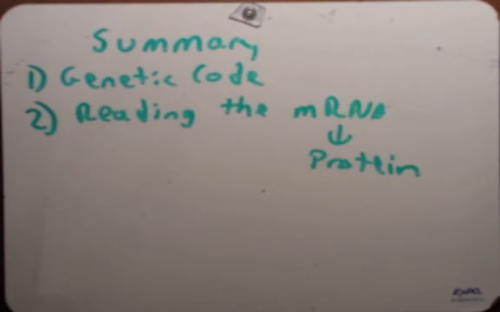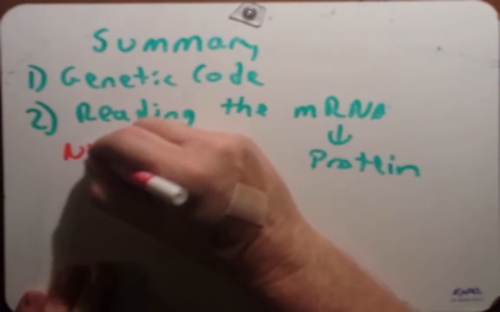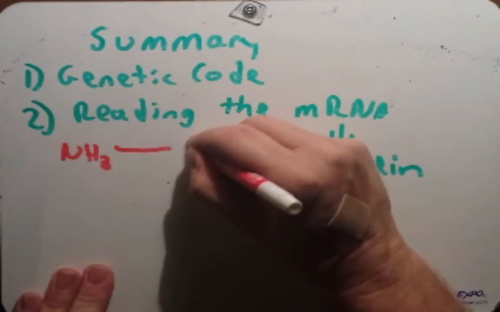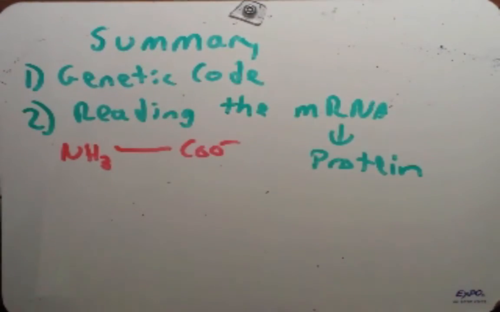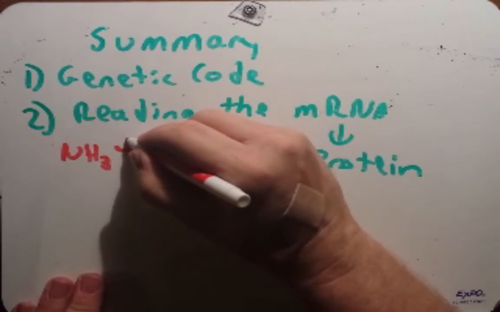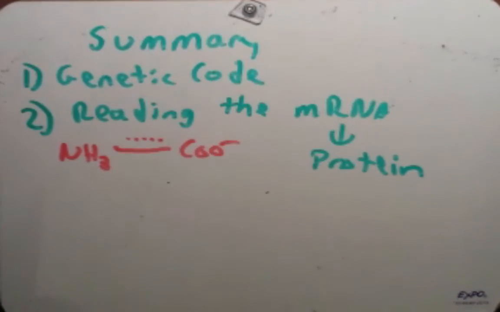And once we found that AUG, we started plugging in amino acids until we got to one of the 3 stop codons. Once we got there, we ended that sequence with a COO-, a carboxyl group. And again, remember the front of it is an amino group. Like so, with all of the amino acids here in between.